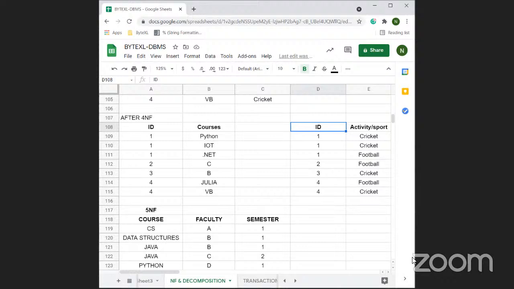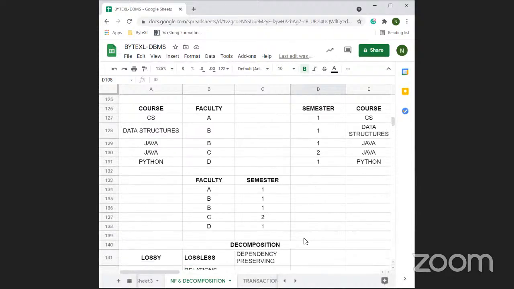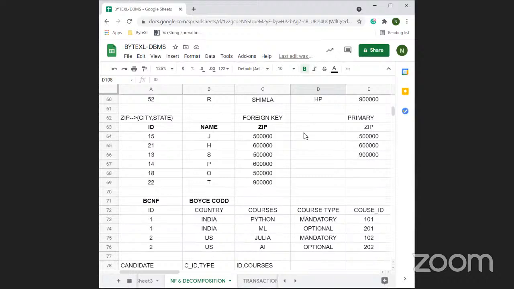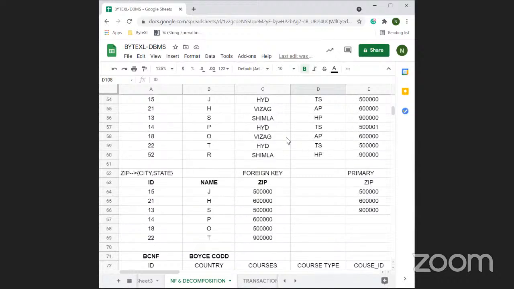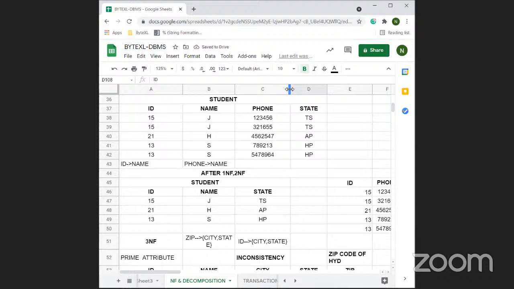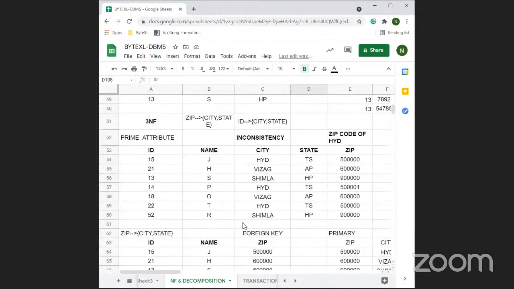Example for lossy, sir? I think we have already seen the example for lossy with this zip and all. If because of separation, yes, let us take this only. If I am giving you a combination of name, city, state, it is all in the combinations that we are able to select everything.